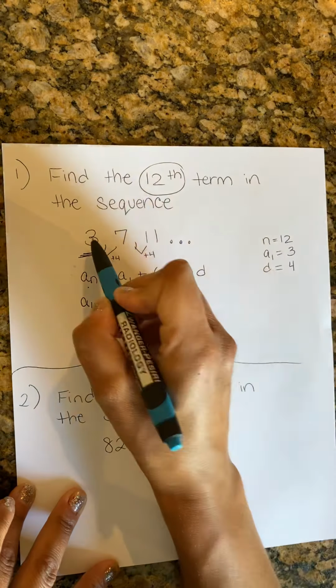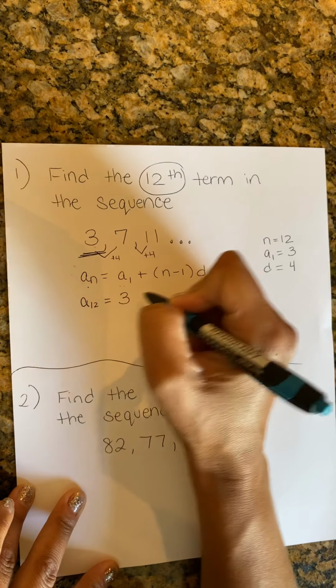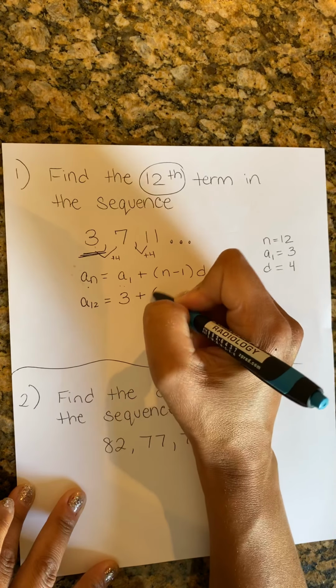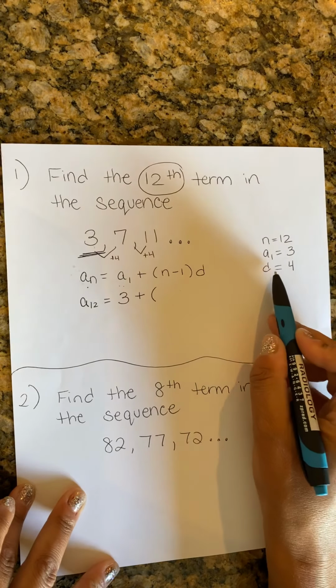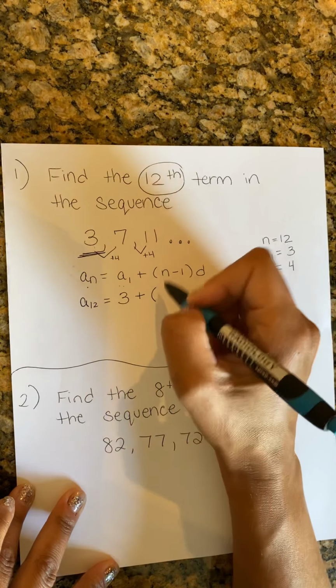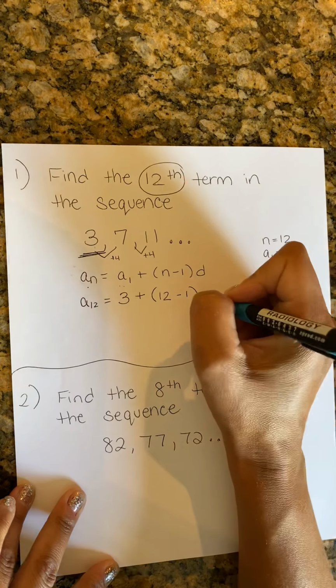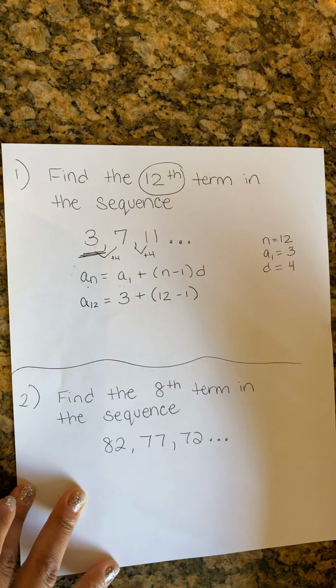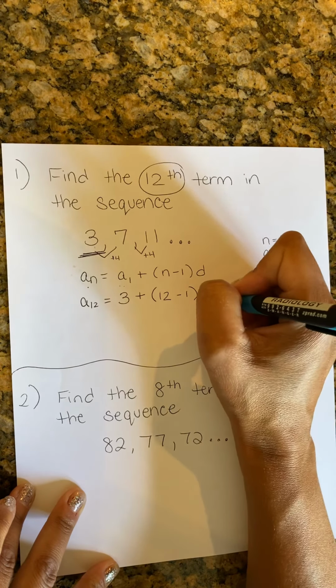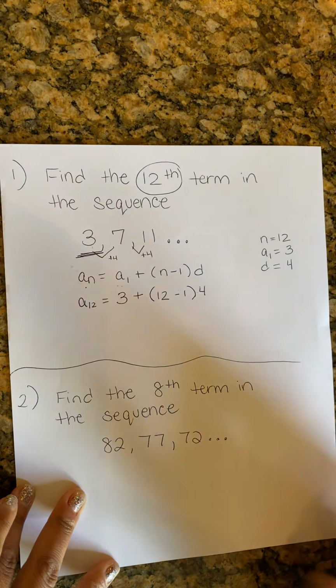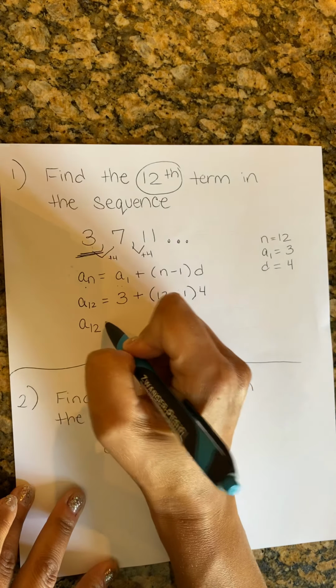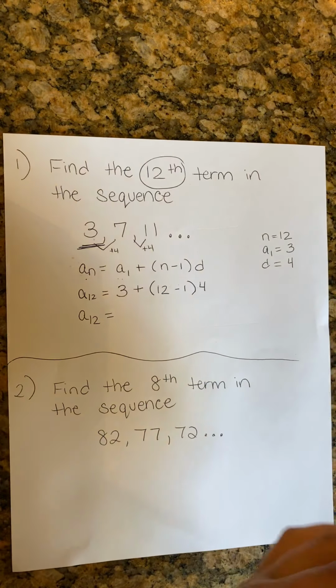So a_1, I'm going to plug in 3 because that's the first term, plus parentheses, n is the term we're looking for. We're looking for the 12th term, which means 12 just goes in your n spot. Minus 1, close the parentheses, and then you're timesing it by your common difference, which is, in this case, 4. So the 12th term, plug that right into the calculator.